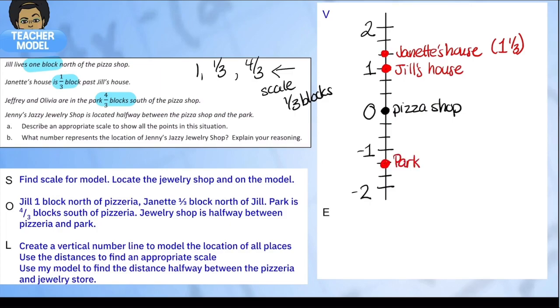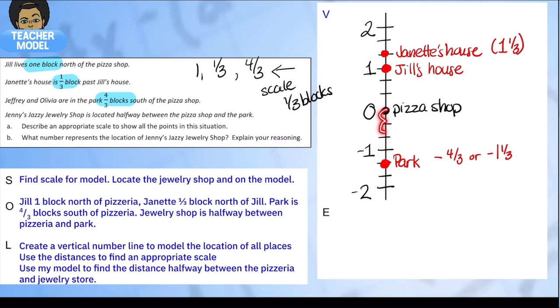And I could represent this as -4/3, or I could even represent it as -1 1/3. Both of them are valid. And lastly, we have the jewelry shop, which is halfway between the park and the pizzeria. So halfway between here and here. So let's think of our distance. We're going 1, 2, 3, 4/3.